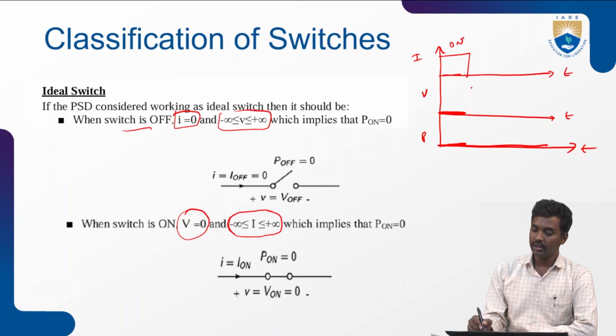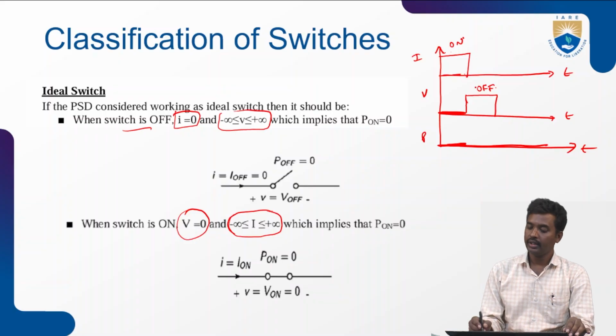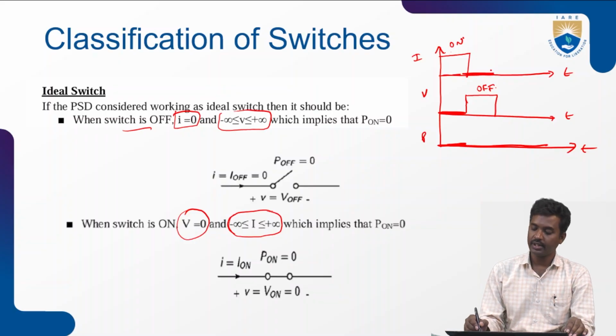In this case it can withstand some voltage in the off position, and here the current is 0. Power is also 0. The multiplication of voltage and current is 0 in both cases.